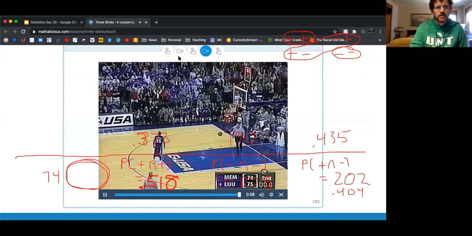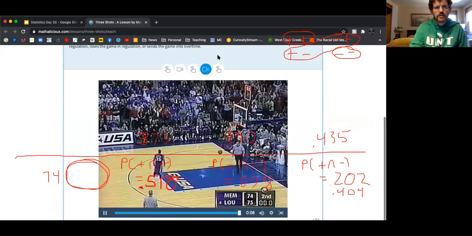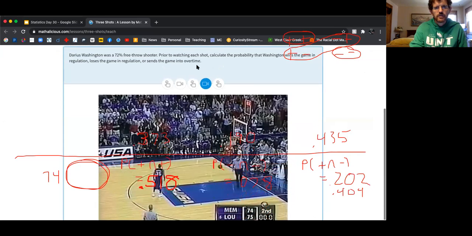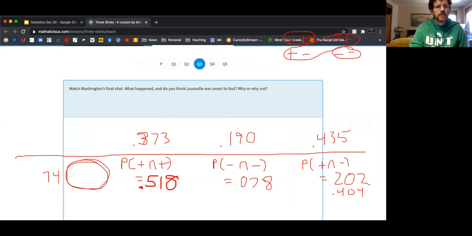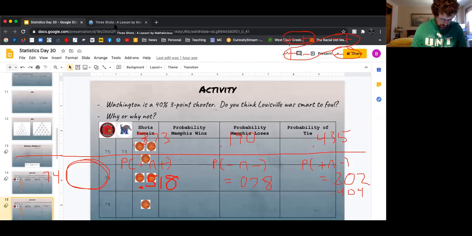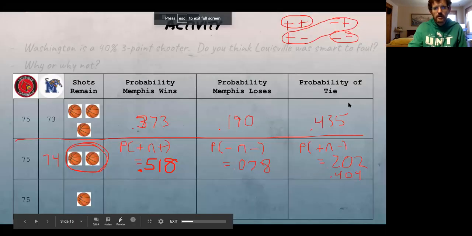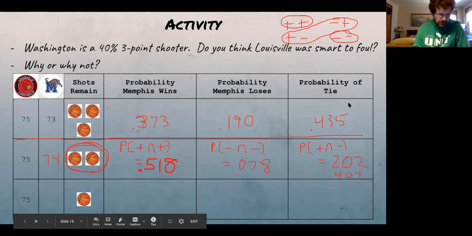Okay, so he missed the second shot. Let me get the last one queued up. Okay. All right. Taking a sweet time. All right, so now we know that he missed with that shot.